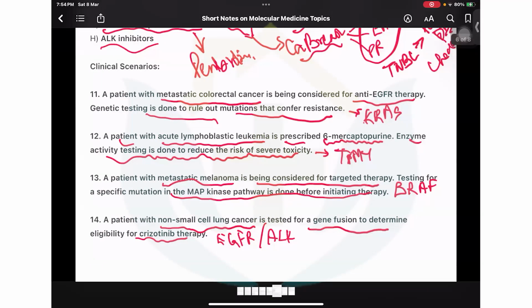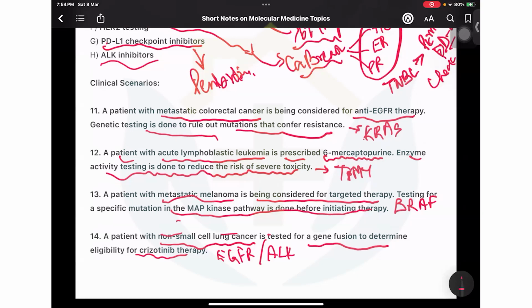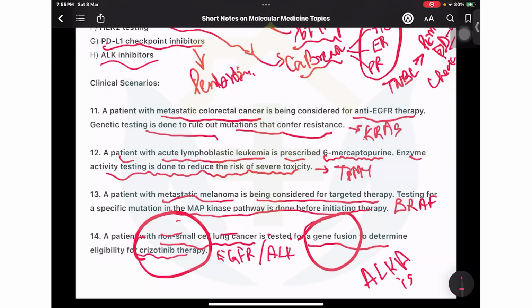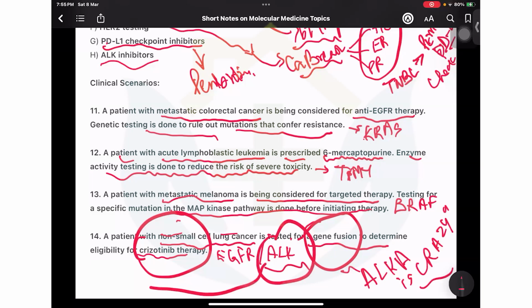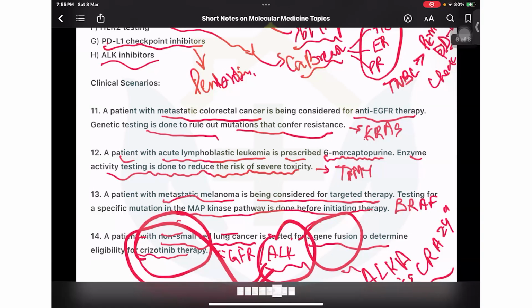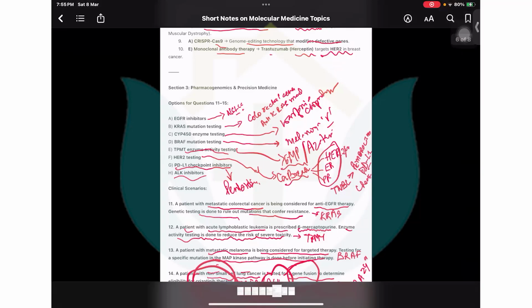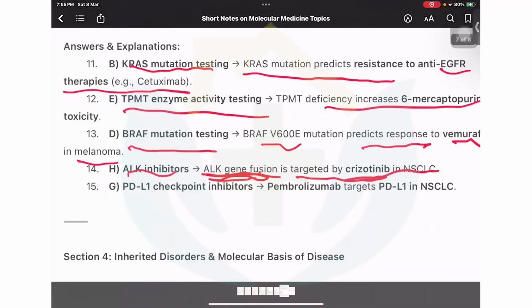So remember that it is not the cancer which is important, it is the gene fusion and crizotinib. So you can remember that ALK is crazy. That means ALK is crizotinib. You can remember by this: ALK is crizotinib. It might trigger whenever it comes across.